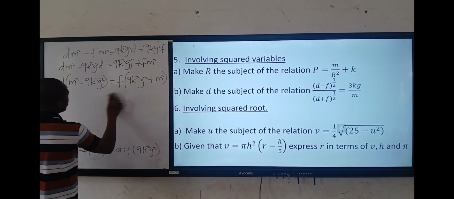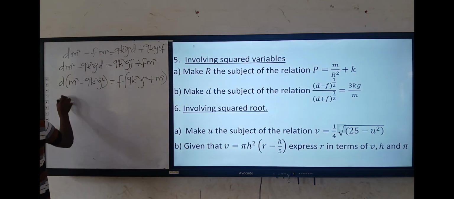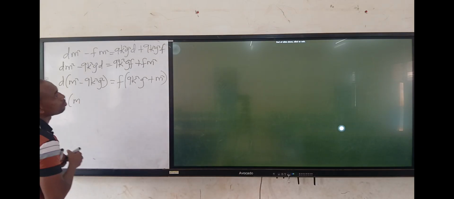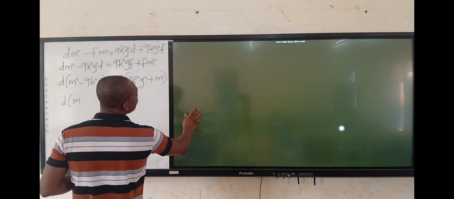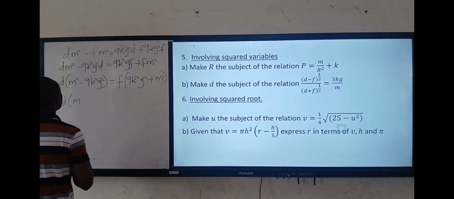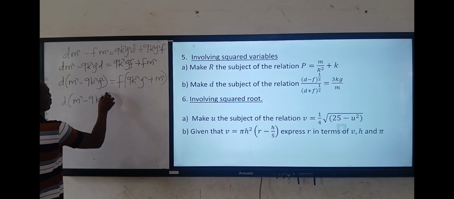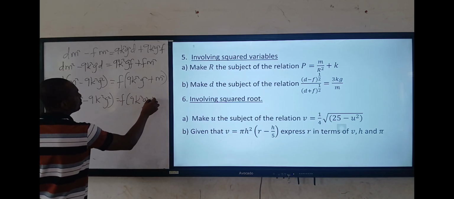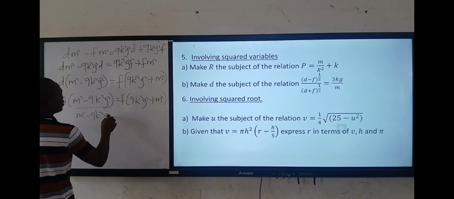So since we want d to stand alone, or be the subject of the relation, we divide both sides by the bracket. So you divide here by m squared minus 9k squared d squared.